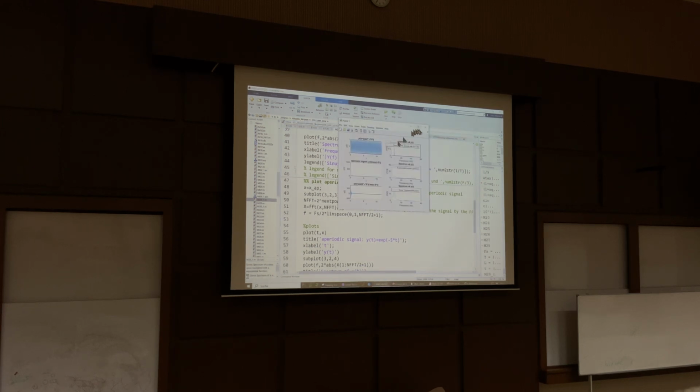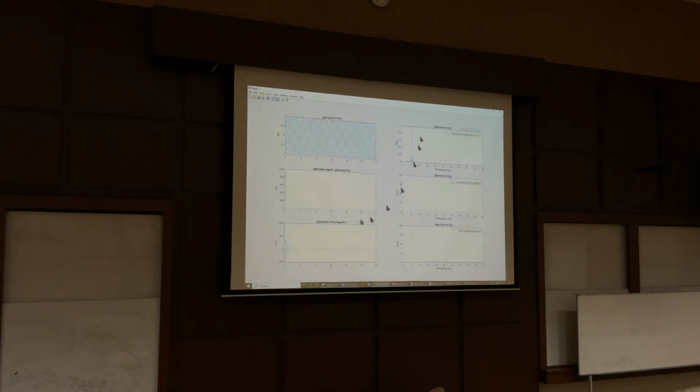And you see, we have here subplots. I got them all together. You see that is my periodic signal. That is the spectrum of the periodic signal. Then I have this exponential, the aperiodic signal. This is the spectrum of the aperiodic signal. And then I combine this one times this, which gives me a sinus which is decaying here aperiodically.